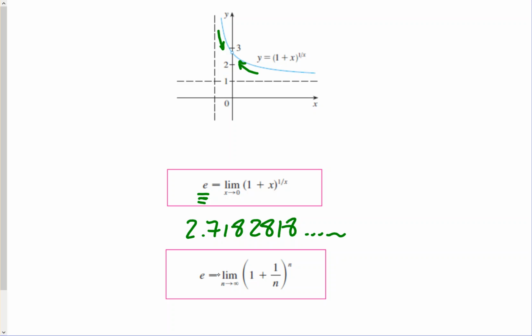Okay, and another version of that number, if we change 1 over x to equal n, would be this number, and limit as n approaches infinity of 1 plus 1 over n to the n power. This will be equivalent to e as well.